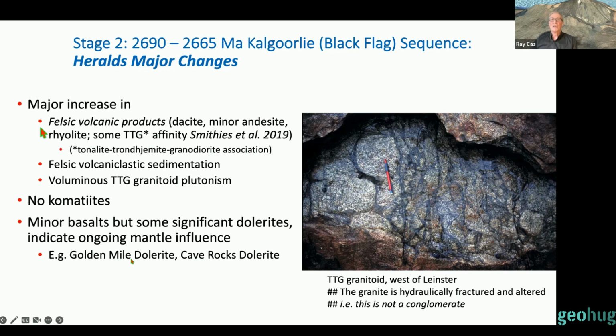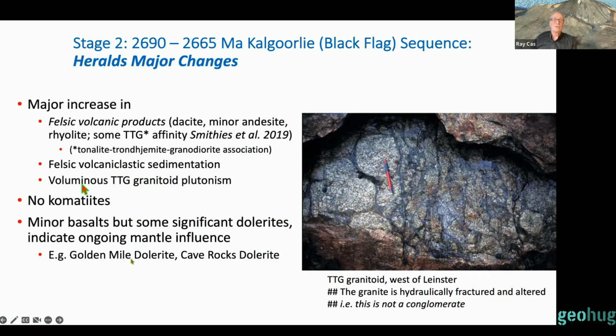So first of all, there's a major increase in felsic volcanic products. These are mostly dacites, there are minor andesites, there are very minor rhyolites, and many of the dacites have TTG affinity, which suggests a comagmatic relationship with the plutons, which were beginning to be emplaced, of course, during this particular period of time. There's also quite a lot of felsic volcaniclastic sedimentation.